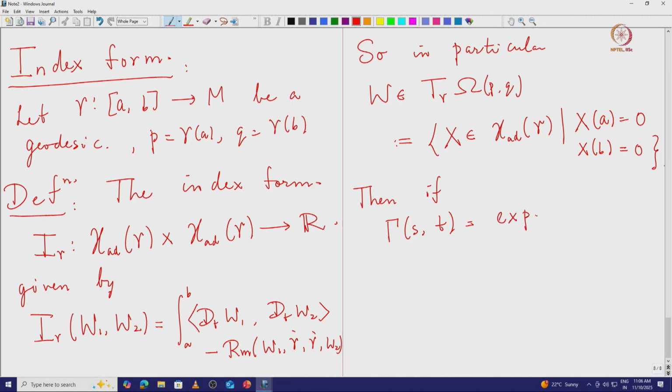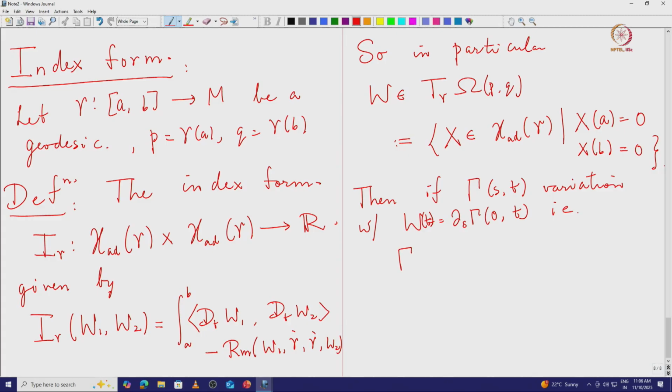So if gamma of s,t is an admissible variation with W as the variation vector field, how do you construct these variation vector fields?